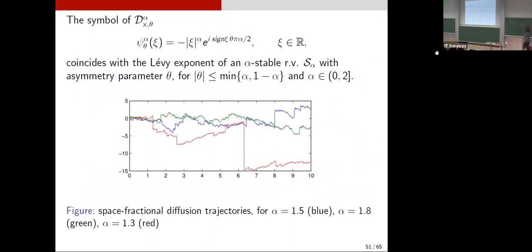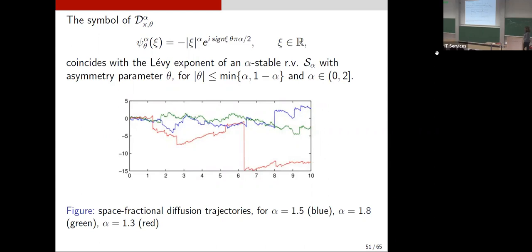Here I go back to this slide. Here we have some trajectories, some sample paths of the space fractional diffusions for values of alpha greater than 1, in particular for alpha equal to 1.8, which is the case closer to the Brownian case, while for alpha equal to 1.3 in red, we have the case which is farther from the Gaussian case.